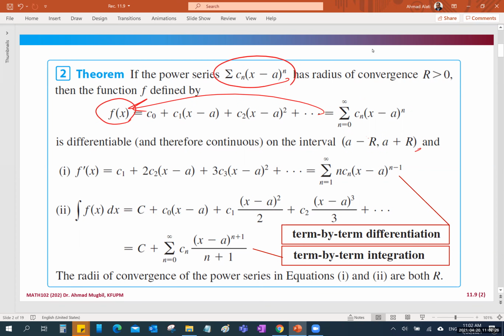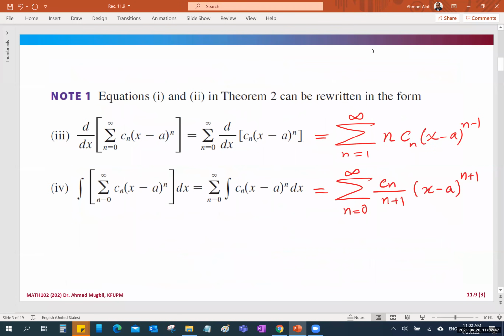Now, to differentiate, you differentiate term by term. If you integrate, you can integrate term by term. The radius of convergence will be the same, but the interval of convergence may not be the same, especially at the endpoints when you differentiate.